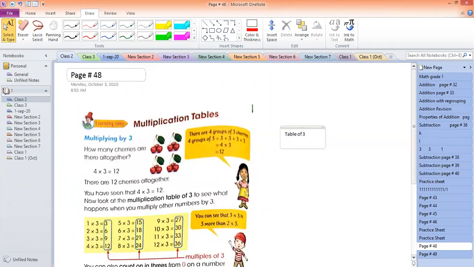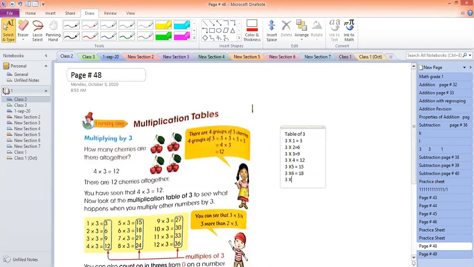Table of 3: 3 multiplied by 1 equals 3. 3 multiplied by 2 equals 6. 3 multiplied by 3 equals 9. 3 multiplied by 4 equals 12. 3 multiplied by 5 equals 15. 3 multiplied by 6 equals 18.